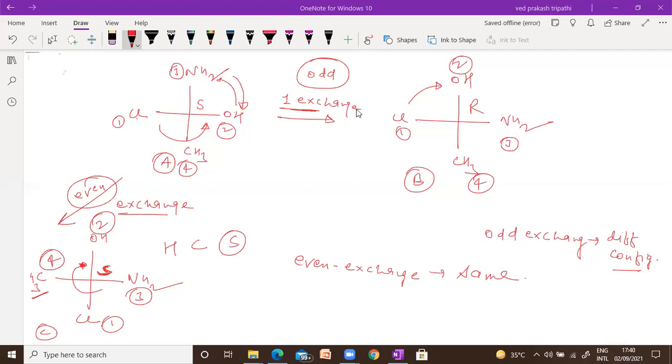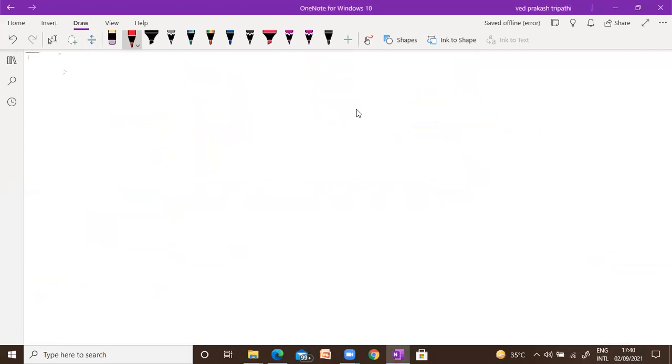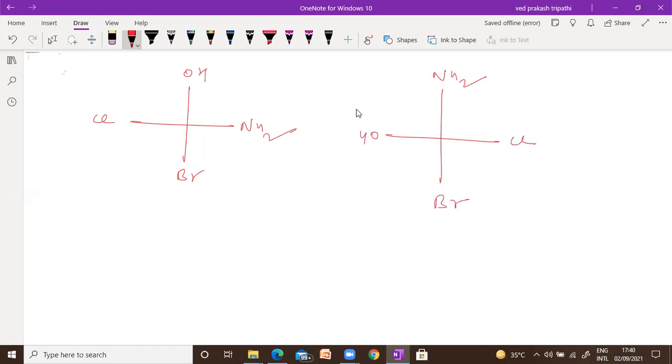What about this one? Tell me the exchange. If you are moving A to B, how many exchanges are there? Even or odd?